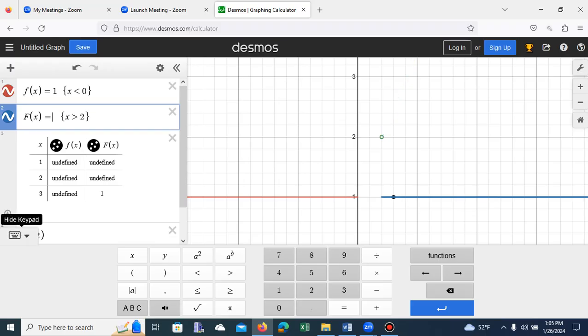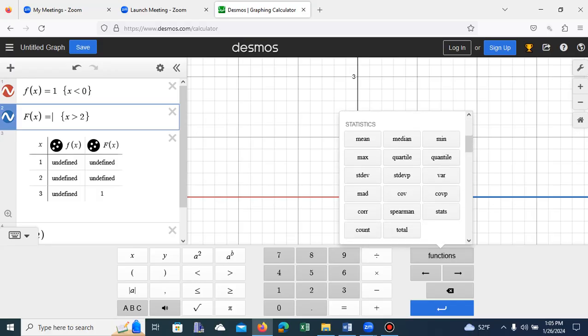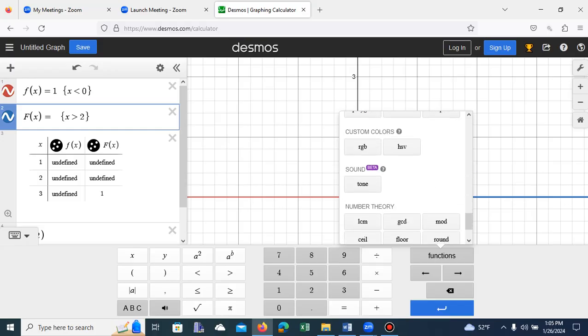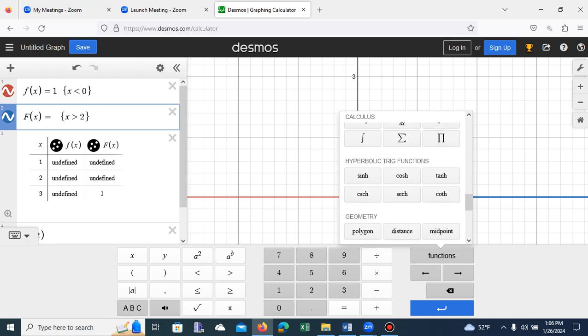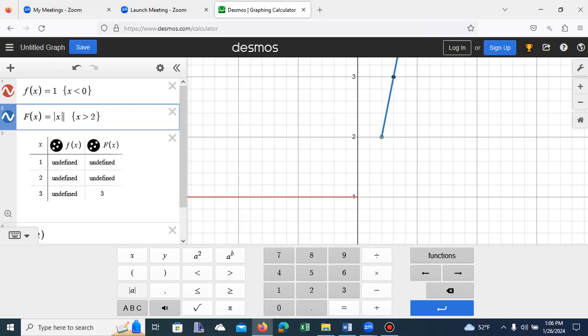Absolute value, it's a function here somewhere. Oh, I see it. It's over here. Absolute value of x. And this would be from 0 less than or equal to x less than 1.